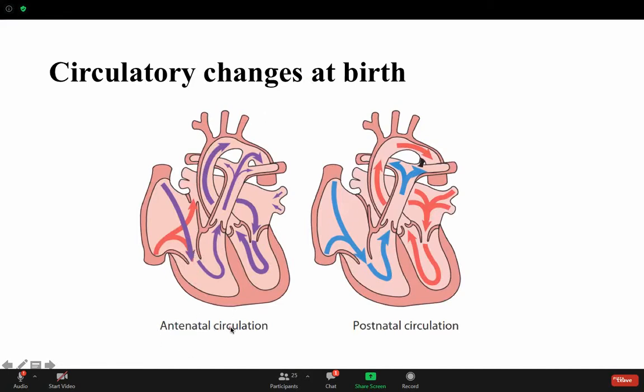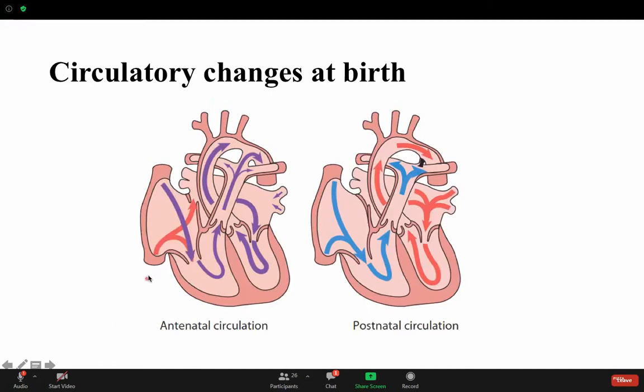And then what are the changes that would happen as the baby is delivered and now it's a postnatal circulation. الانتيناتال circulation اللي يسوي الاكسجينيشن كله من عن طريق المذر. lungs do not participate in oxygenation of the blood. Lungs are actually filled with fluid اللي هو الامنيوتيك fluid. It doesn't participate at all in gas exchange.